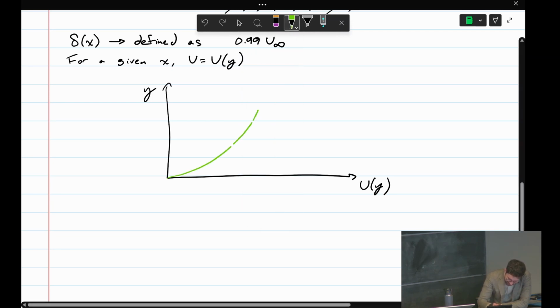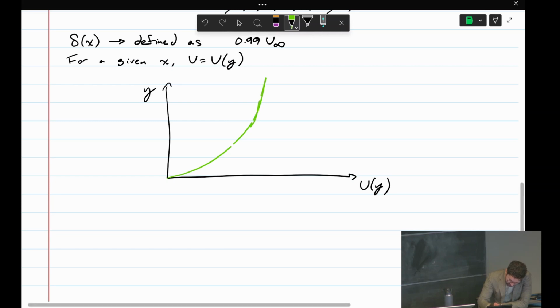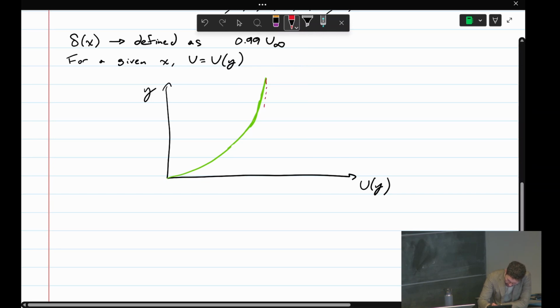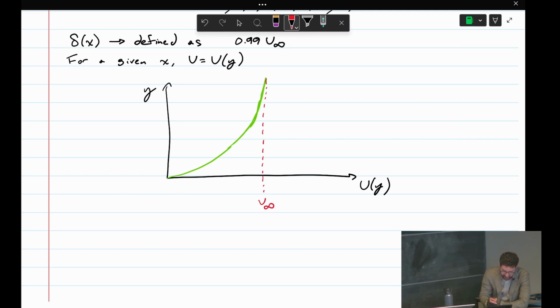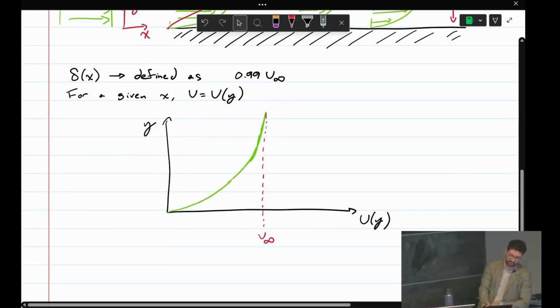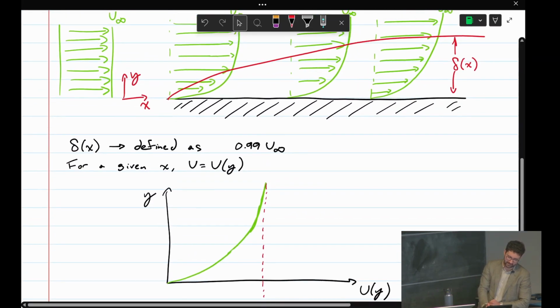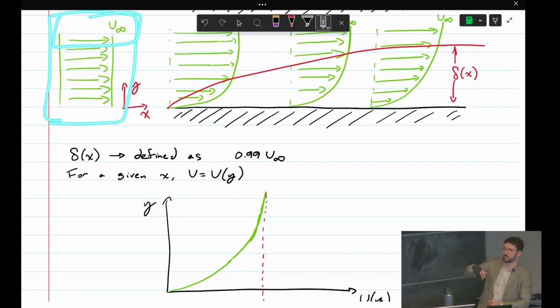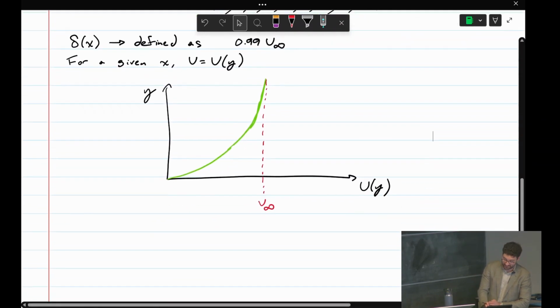So our profile looks something like this. So that is going to be U infinity, basically what this profile asymptotically approaches. U infinity again is the free stream velocity, as it's called. And it's the velocity of this uniform flow before it hits the plate. So that U infinity at the very top of this profile, if you just keep going, eventually you'll be back at U infinity. The wall hasn't affected the flow yet.